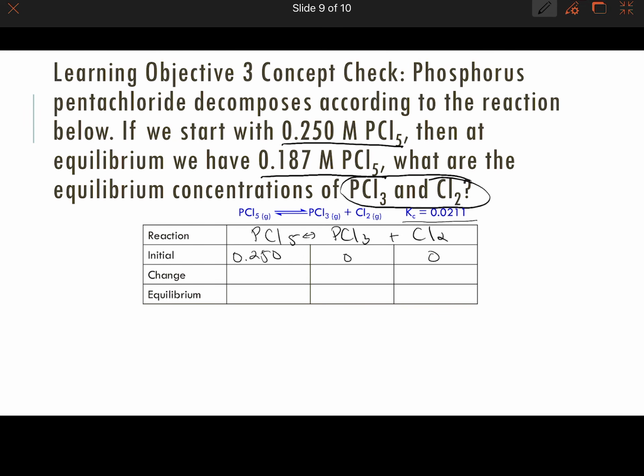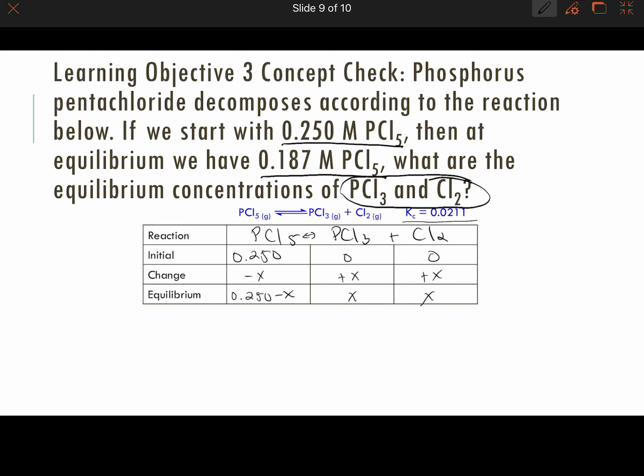Going from our initial concentration to our final equilibrium concentration, we have to change by some X amount. And when we do that, our equilibrium looks like this, 0.250 minus x, and then both of these will be equal to x. So this will change stoichiometrically.